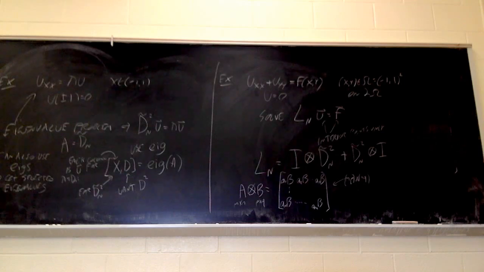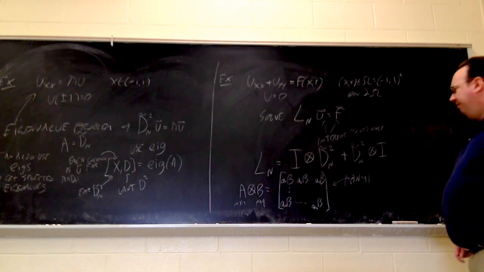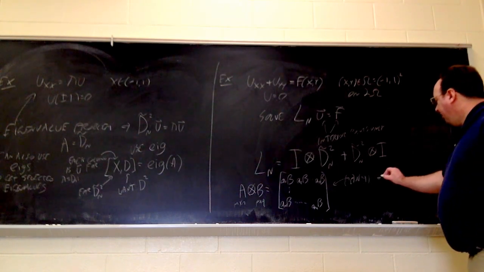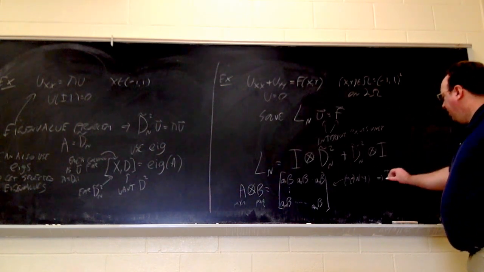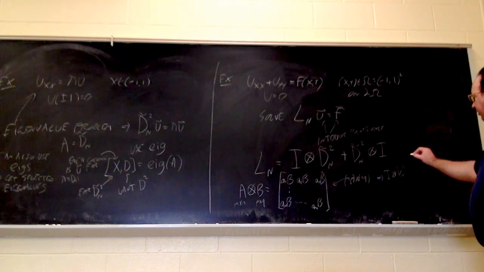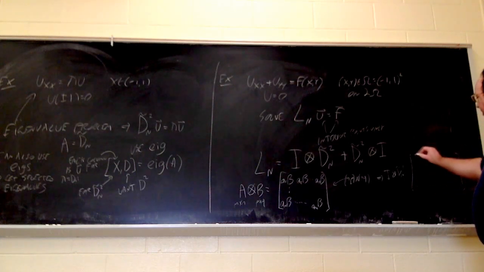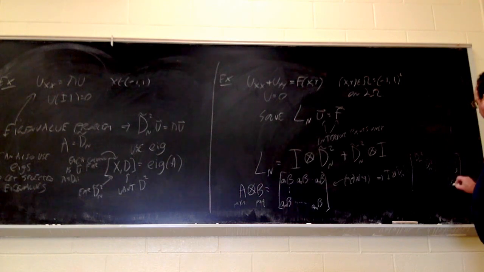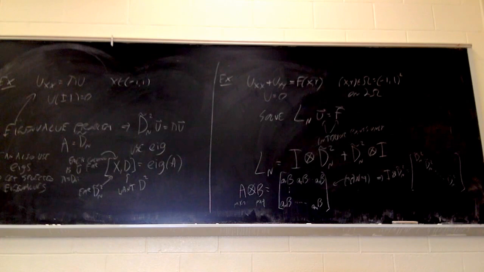So what that would mean is the first term, identity Kronecker D tilde squared, would just take the matrix D tilde squared and repeat it all along the diagonal, because I has ones along the diagonal and zeros everywhere else.